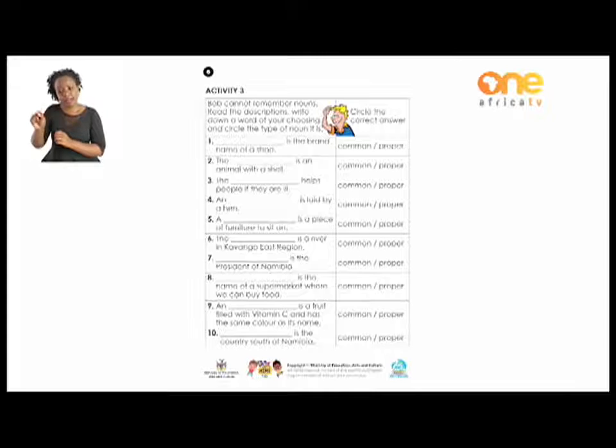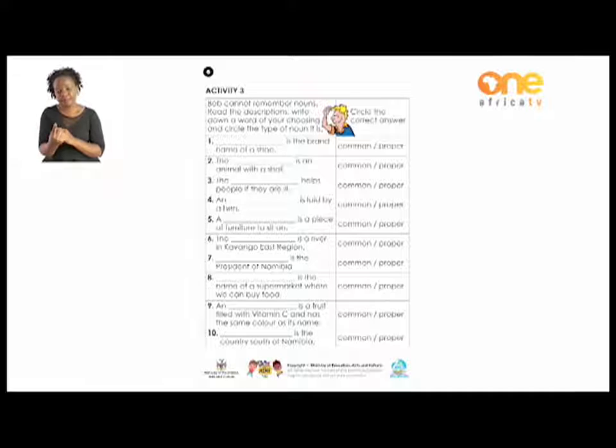Right, there's a mistake there. Where it says choosing, it's supposed to be choice, C-H-O-I-C-E. So it would read the descriptions, write down a word of your choice, and circle the type of noun it is. Right, I think it's clear now.